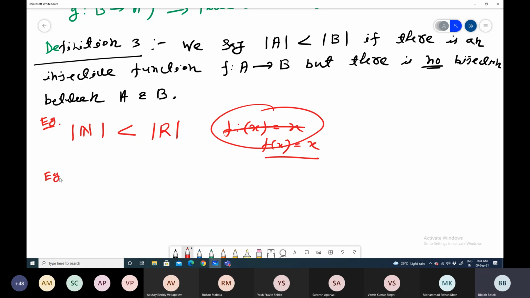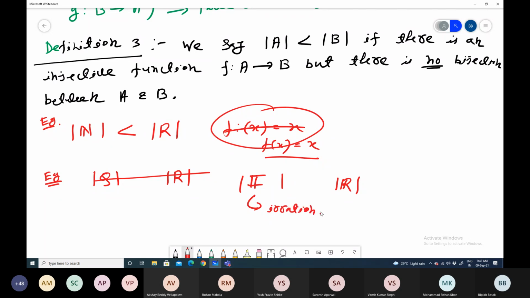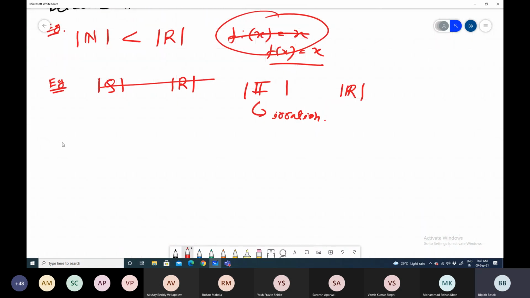Now, what about the irrational numbers and R? What is the relation between them? Obviously, we can define a function f from the irrational numbers to R, just define f(x) = x.